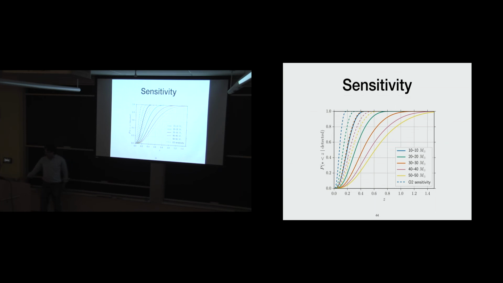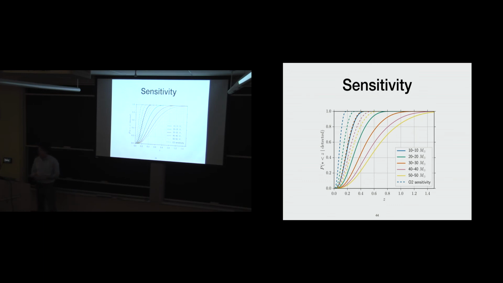So at some level, it's a fool's game to ask questions about the redshift distribution of black holes. Because these dashed lines are the sensitivity curves, if you like, that we have in O2 as a function of redshift. So this is the probability that a detected redshift will be less than some number. And you can see we can't really see 10-10 mergers beyond a redshift of 0.2.